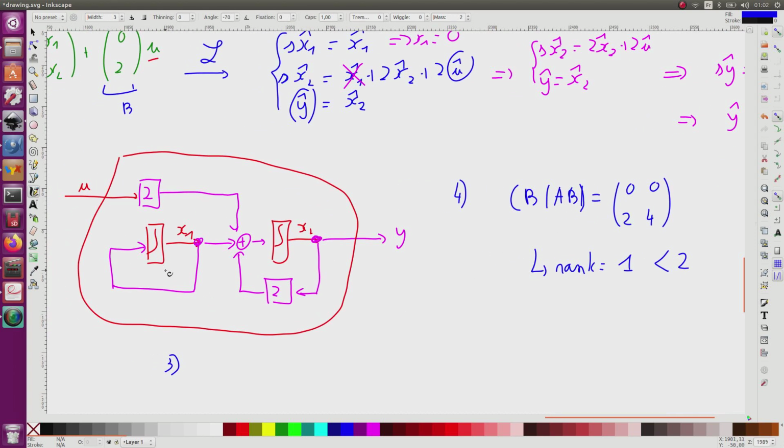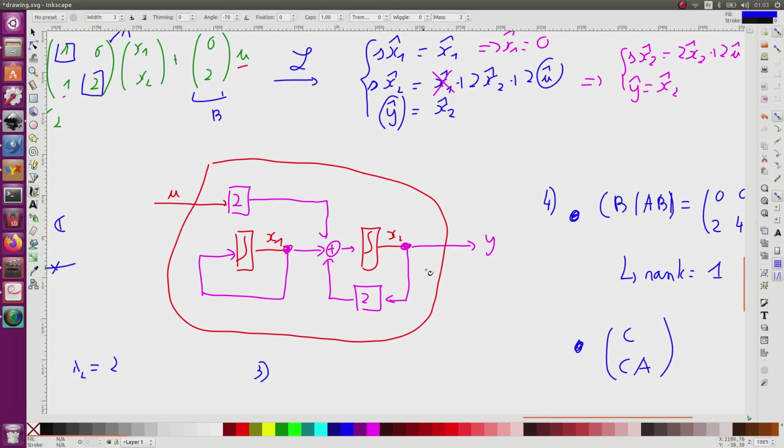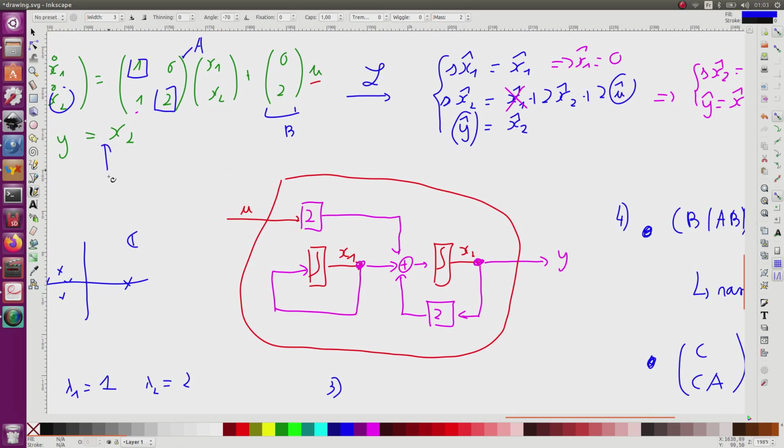Of course, I see here that x1 is not controllable and it is consistent with the intuition. Now what about the observability? The observability matrix is C, CA. So the matrix C is here, and I can rewrite this as 0, 1 times x1, x2.